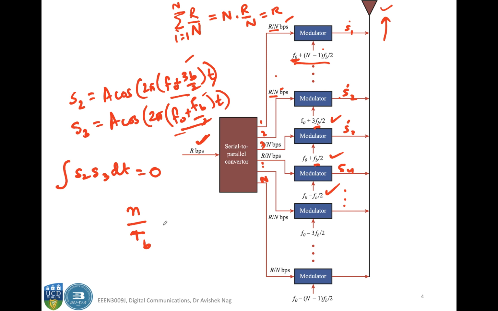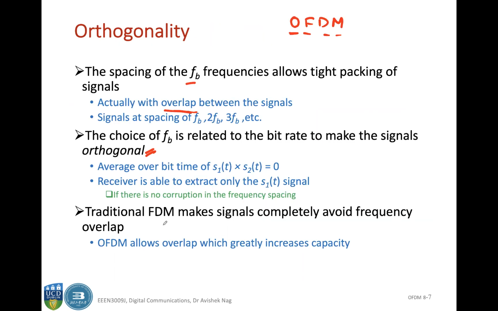The same concept applies in the case of OFDM. The frequency spacings are chosen in such a way that if you average over the bit time, or take the integral of two adjacent signals, it will be 0.